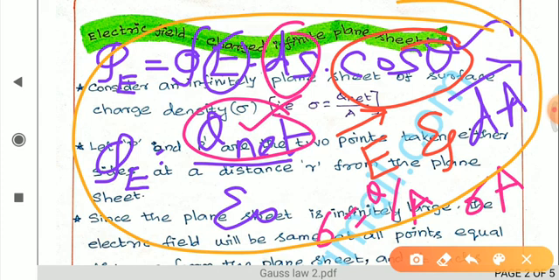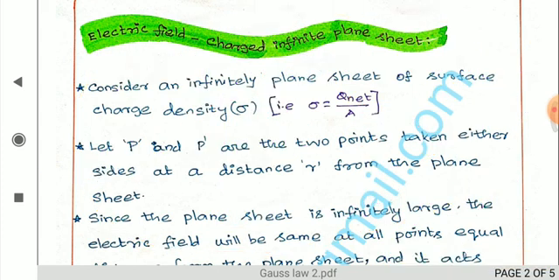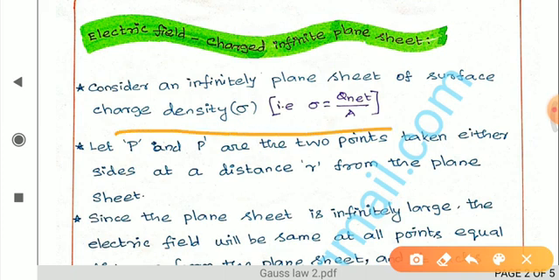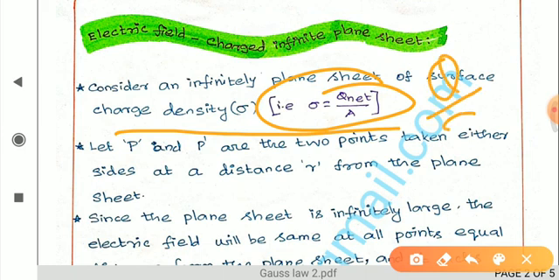Now we can see one by one. Okay, right. So in this concept, what is the first sentence I have given? Consider the infinite plane sheet of surface charge density sigma, that is sigma is equal to Q by A. Why are we using this concept? To find out the net charge. In Gauss law, we have the formula Q by epsilon naught.